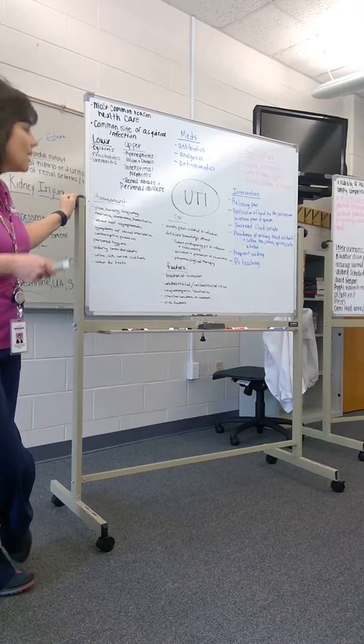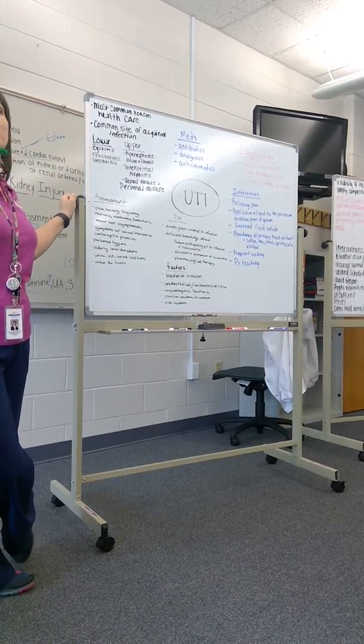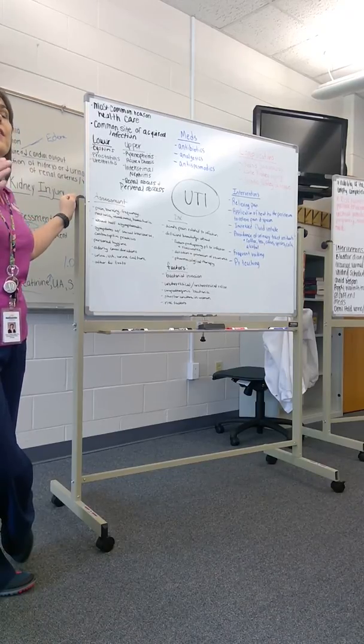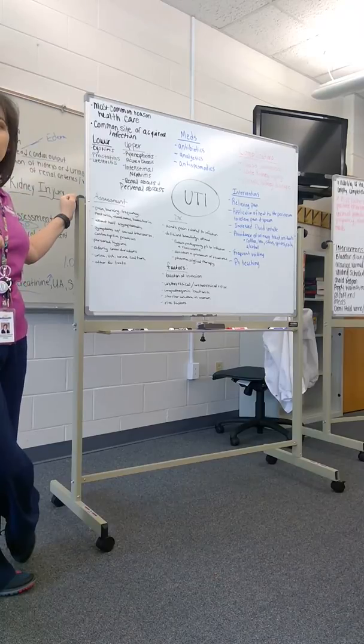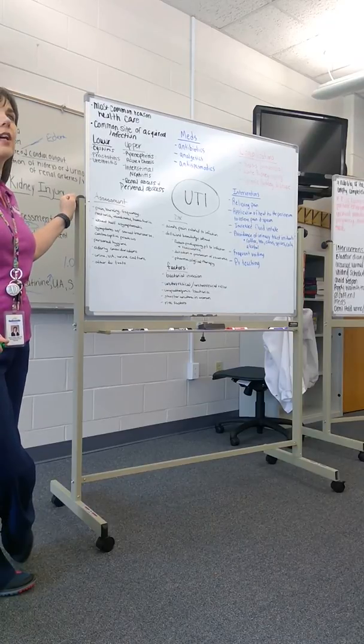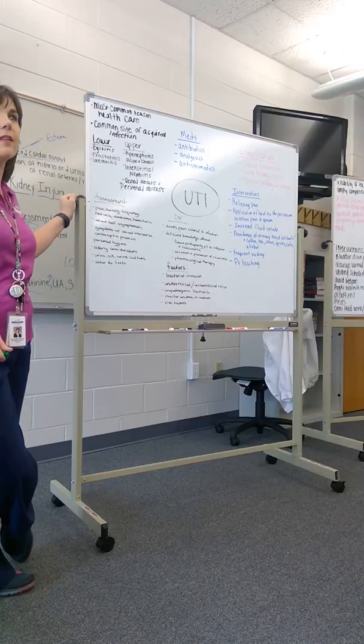So assessment: if it's in the lower urinary tract, the patient comes in complaining of frequency and burning with urination, and they're just running to the bathroom all the time, peeing every few minutes.